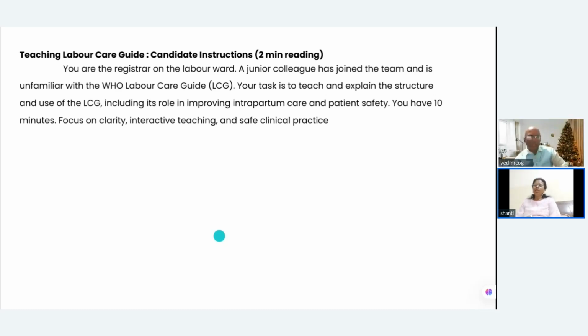Yeah, so John, this is a type of partogram actually. Before we were using the WHO partogram, and now there is a new guideline, modified by the WHO, that is the labor care guide. So today, I'm happy that you want to learn, and I will explain all the details: what is the difference between the old one and the new one, and what is the importance, and I will help you learn all the steps of this labor care guide.